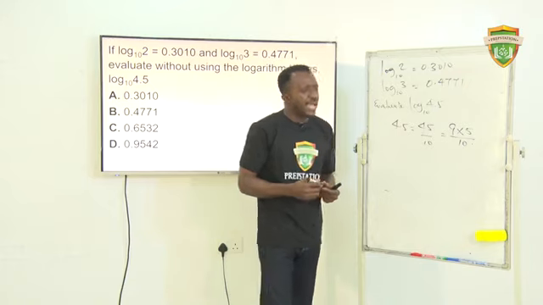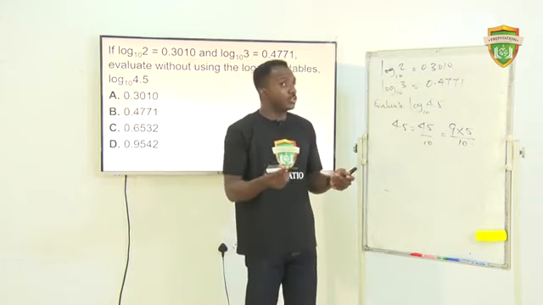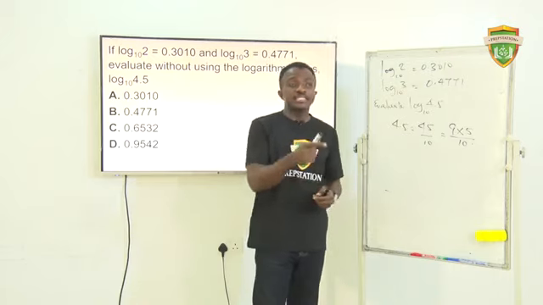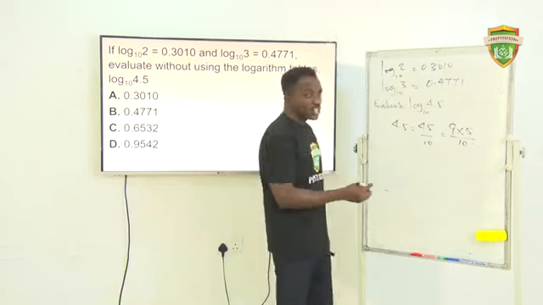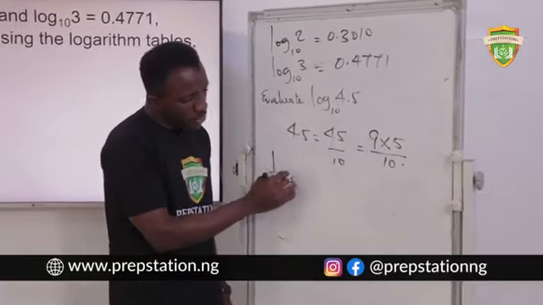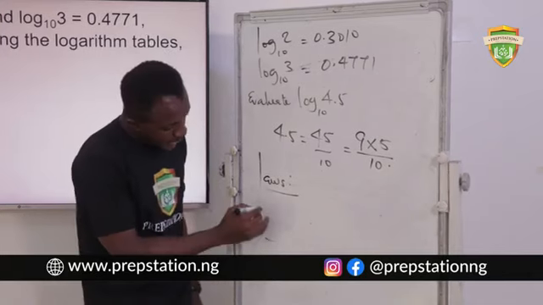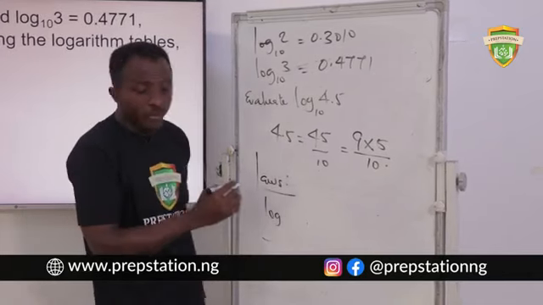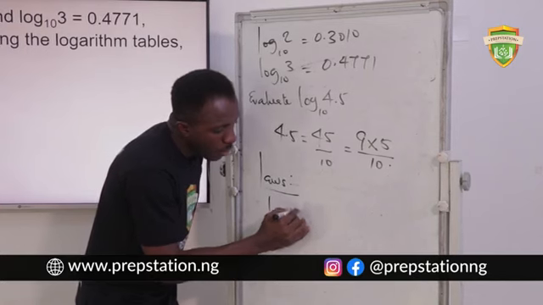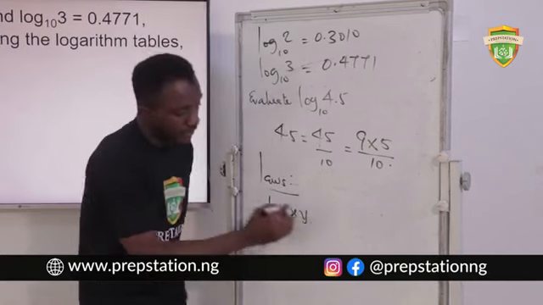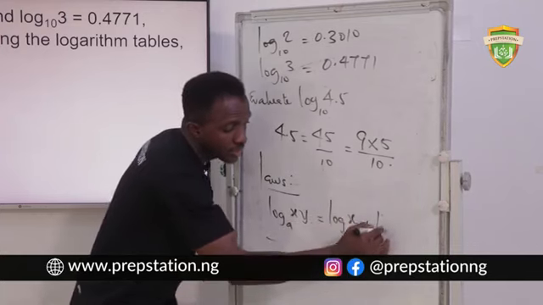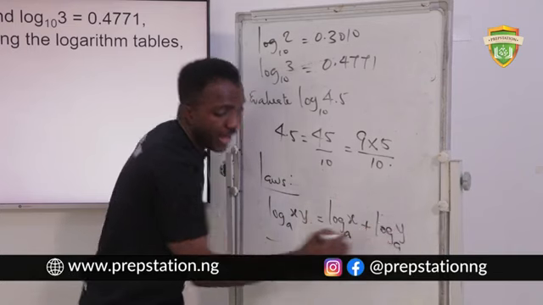Before we go further, I need to call your memory back to logarithm, because you were taught this in year 10, that is SS1. There are some laws of logarithm which I'll just run through. We have this as a law of logarithm: log xy base a is the same as log x base a plus log y base a.